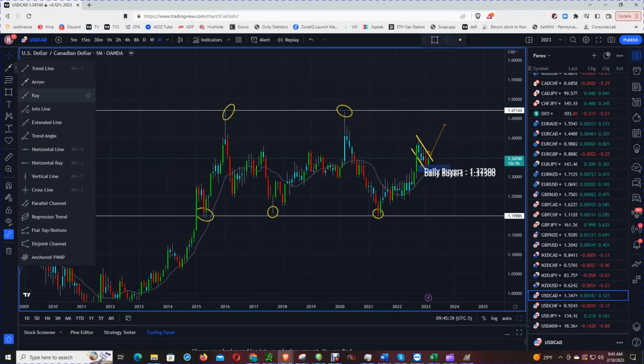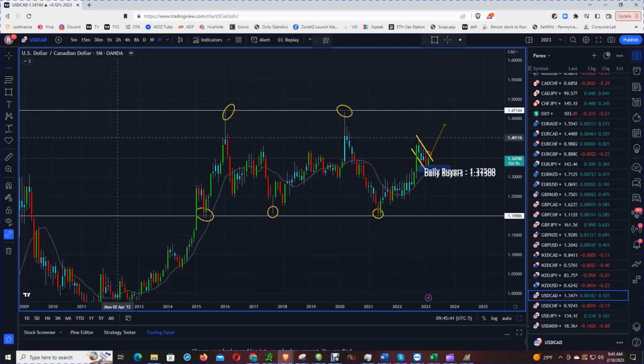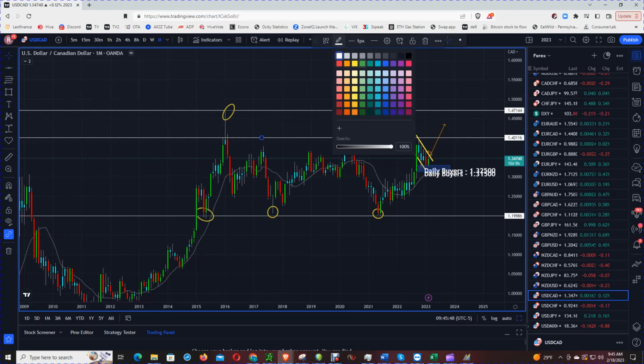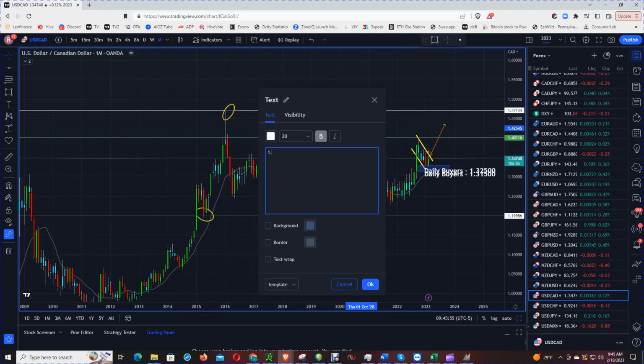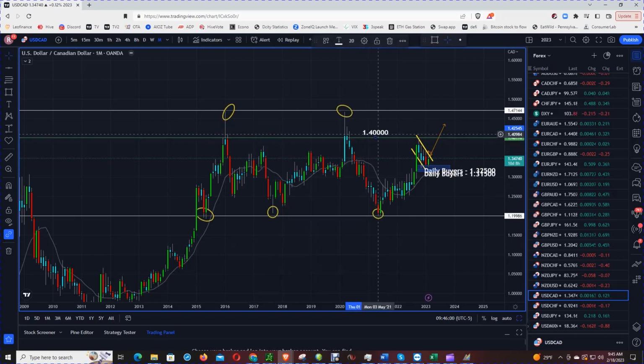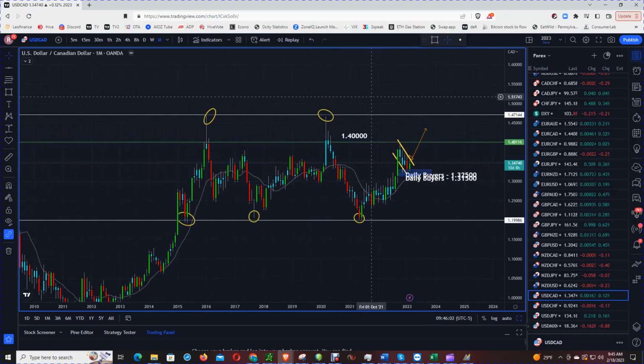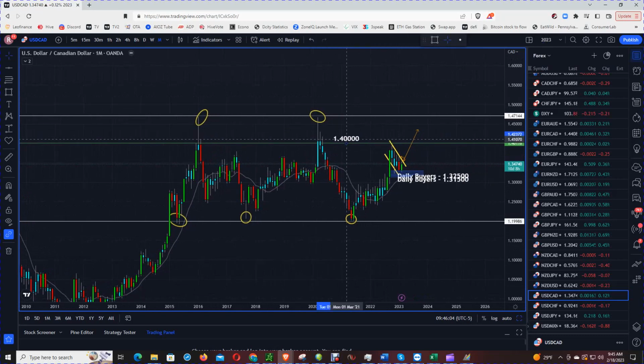You could say that potential next target on this pair might be this round whole number, which is a psychological number at 1.4. But again, we'll just have to see how the economic data comes out of Canada and the US over the next several weeks.